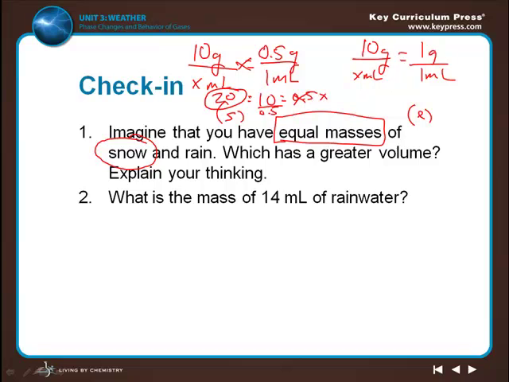In this case, 10 is to x as 1 is to 1, so x has to equal 10 milliliters. So snow is the correct answer because, as you could see, 20 milliliters of snow is equal to only 10 grams. So if you have the same mass, you're always going to have a larger volume of snow than water.